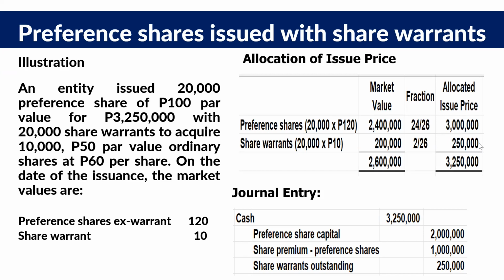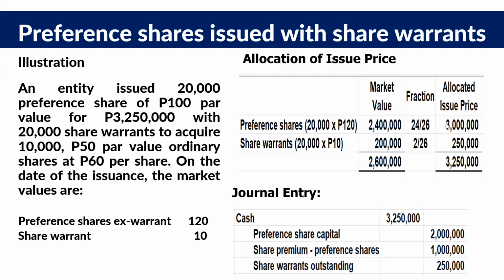These are the allocated issue prices that we consider when we make the journal entry. Of the 3,250,000, 3 million goes to preference shares, whereas 250,000 goes to share warrants. So this will be your entry: you debit cash, 3,250,000, and then you credit preference shares at par value, that is 20,000 times 100, so you have 2 million.